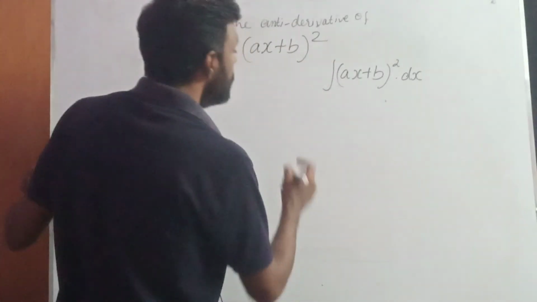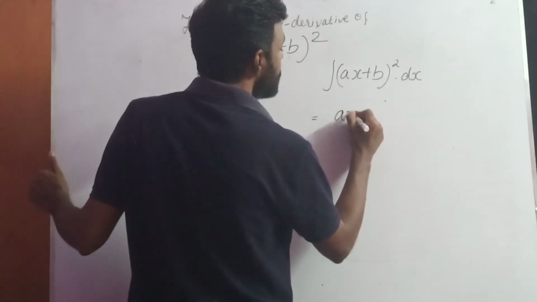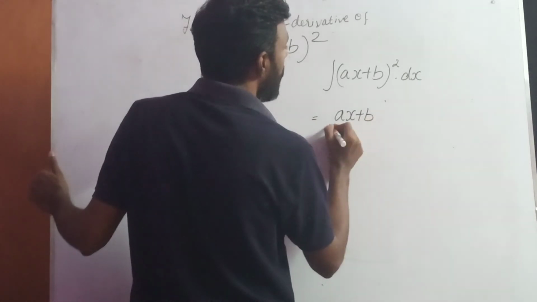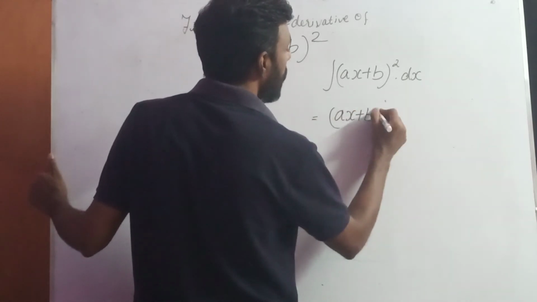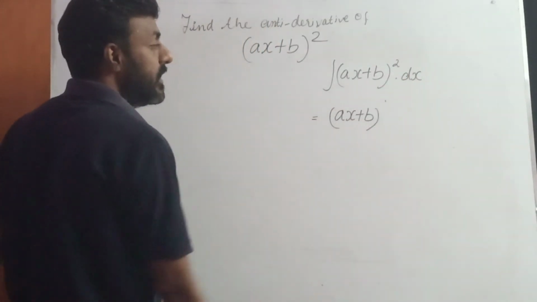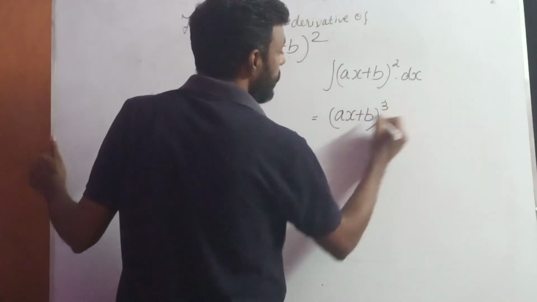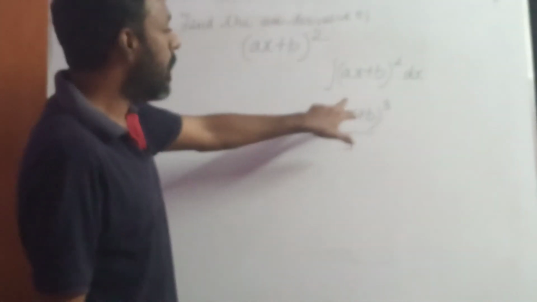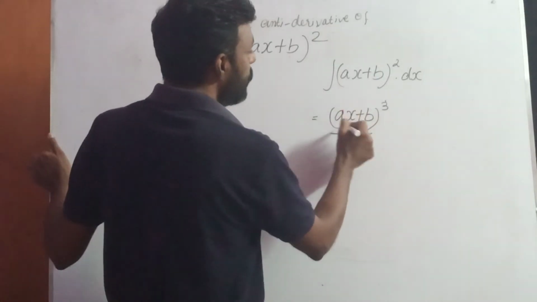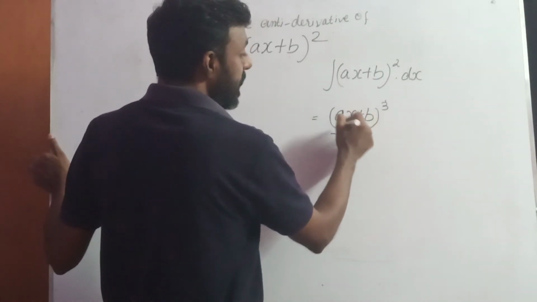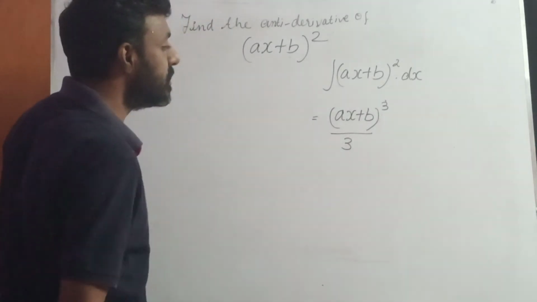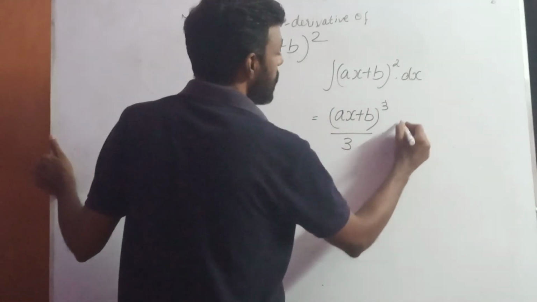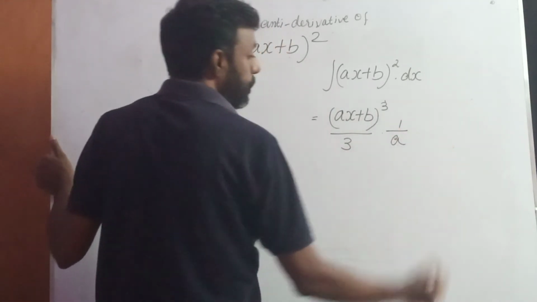So how are we going to do it? It will be (ax plus b) to the power n plus 1 divided by n plus 1. What is n? n is 2. 2 plus 1 is 3, divided by 3. This ax, we need to integrate it. Ax on integration gives 1 divided by a.